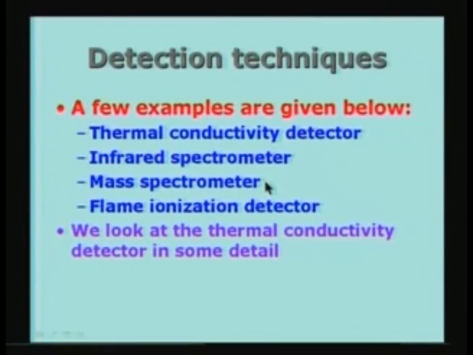Mass spectrometer is where you measure the weight or the mass of the species, and a mass spectrometer will separate out the species in terms of their masses. Of course, it is much more complex than what I am just trying to infer. Mass spectrometer can in principle be used, or you can use what is called a flame ionization detector. So, this will again give a characteristic emission, and that can be used to determine, just like in the case of a chemiluminescence detector, the light emitted can be used for detection.